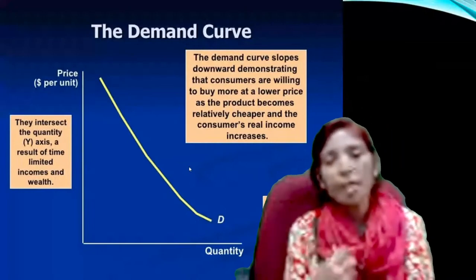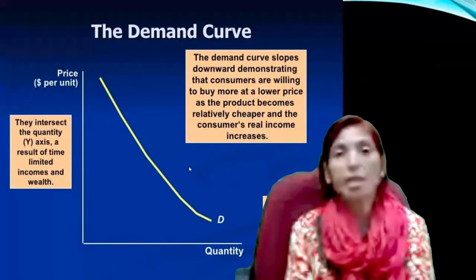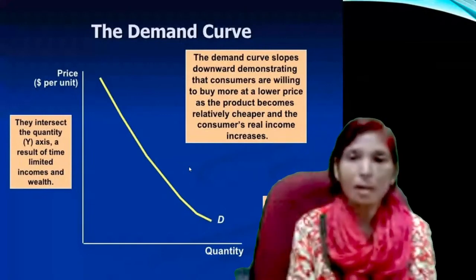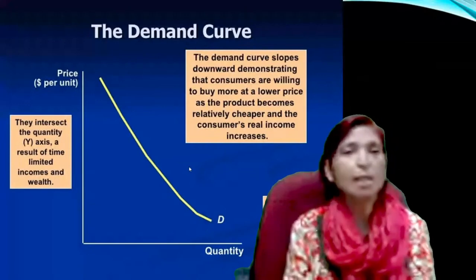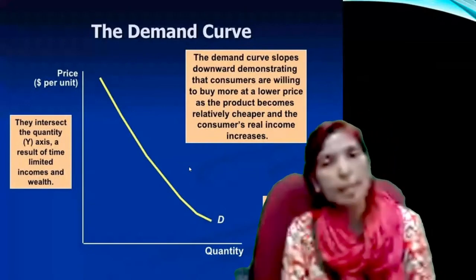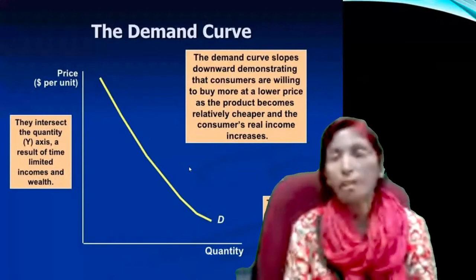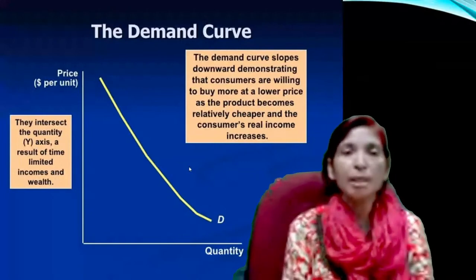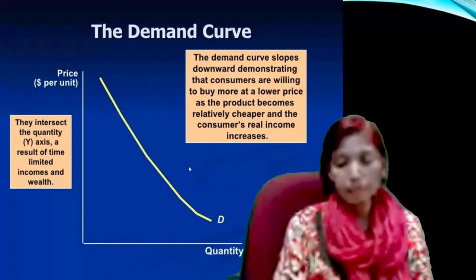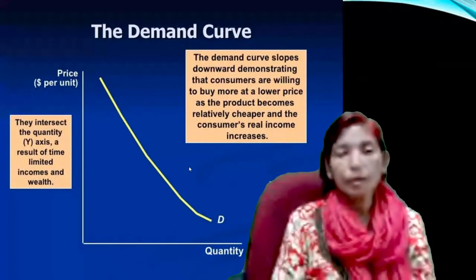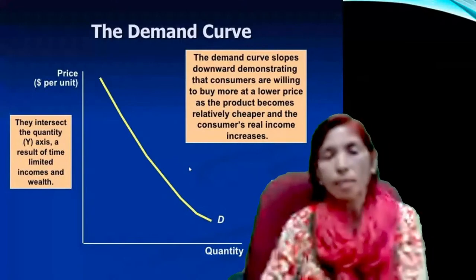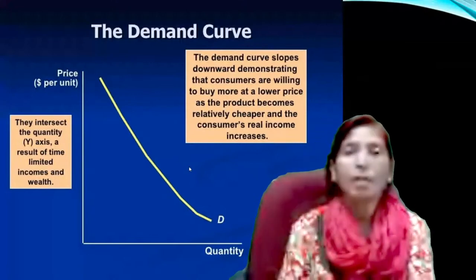That's why marginal utility diminishes as the number of units increases. So there is an inverse relationship between number of units and marginal utility. This is known as diminishing marginal utility. The marginal utility curve is also downward sloping because it is based on the assumption of the law of demand.